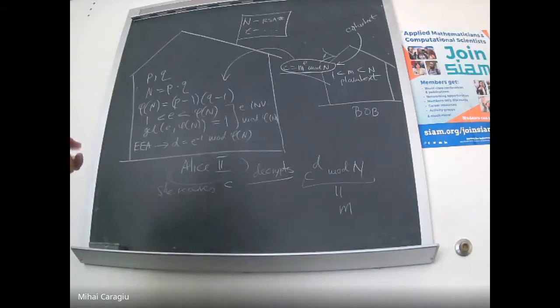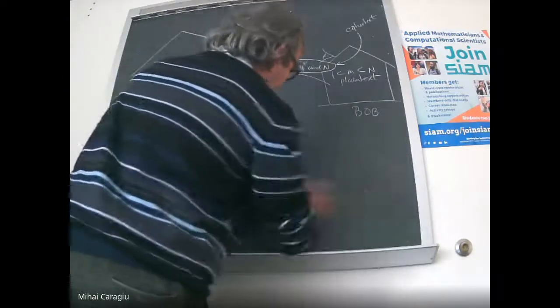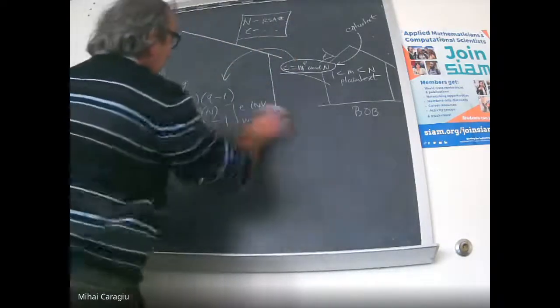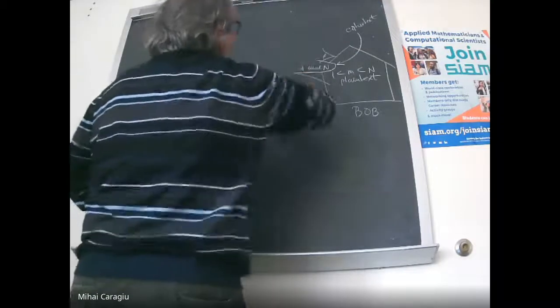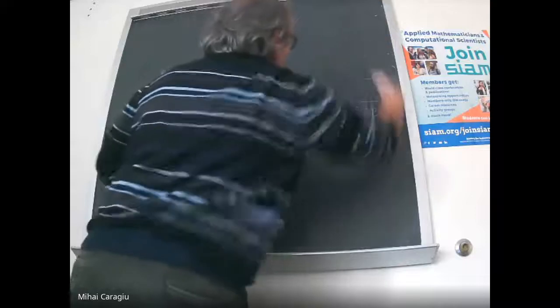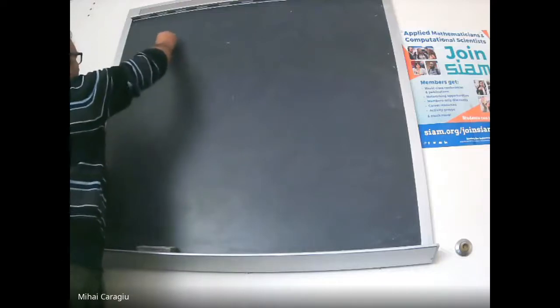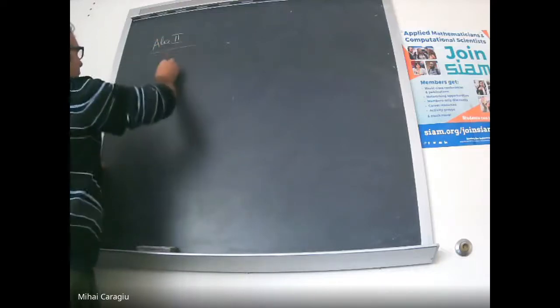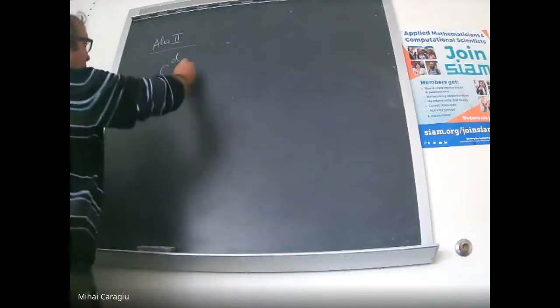So let's try to say a few words about why this works. So Alice, to decrypt, decrypts C to the power D mod n.